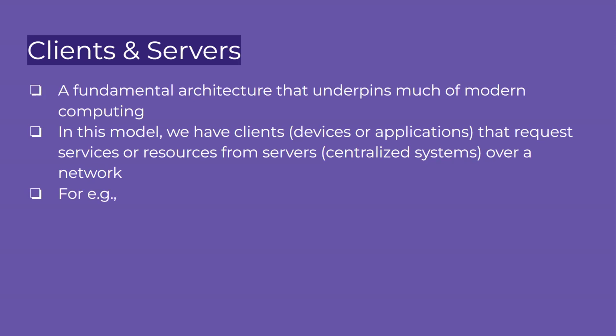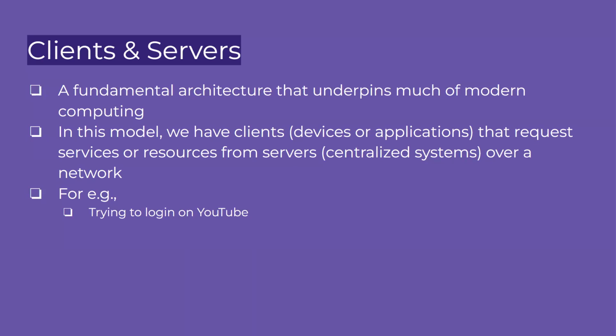So let's go over a few examples. Trying to log into YouTube. When you log into a platform like YouTube, we can think of the device that we're on as the client. And we're requesting access to account information, playlists, and videos from YouTube servers. So YouTube, that's the server. And based on what information we give it, they will send a response.